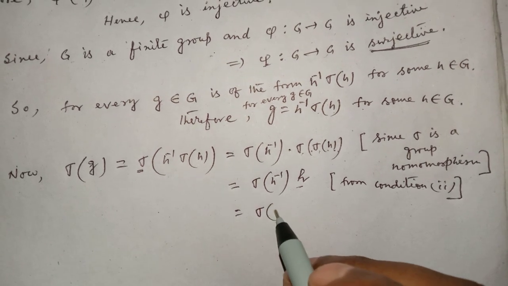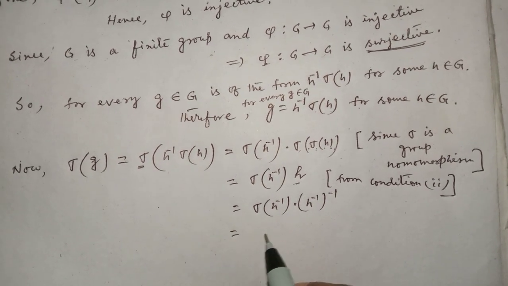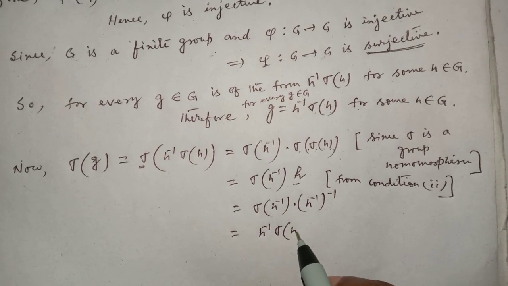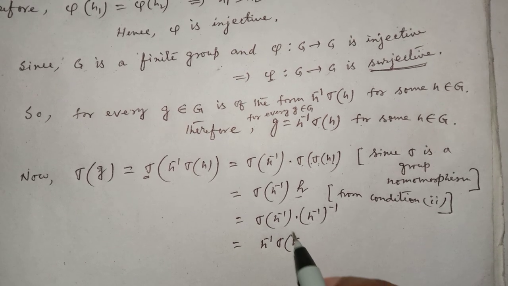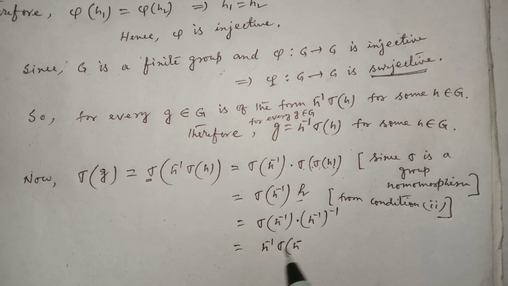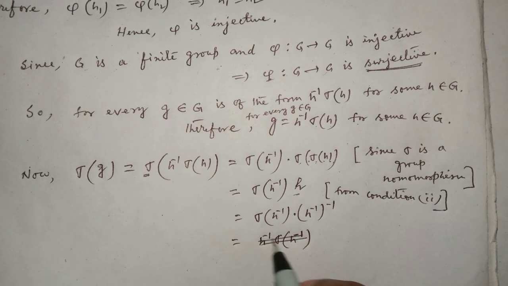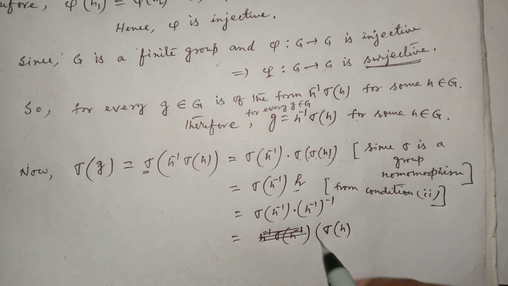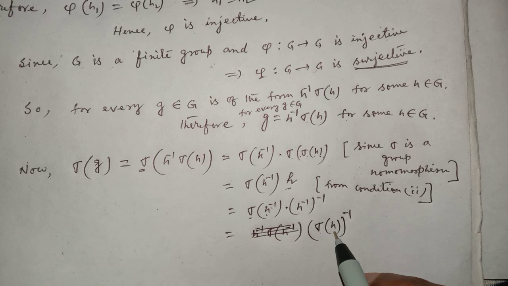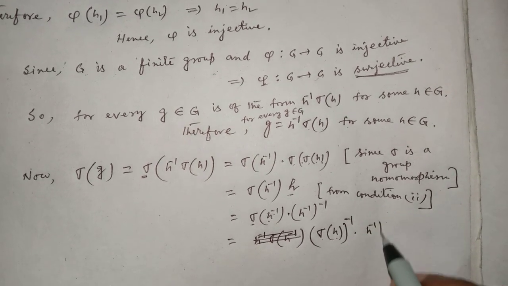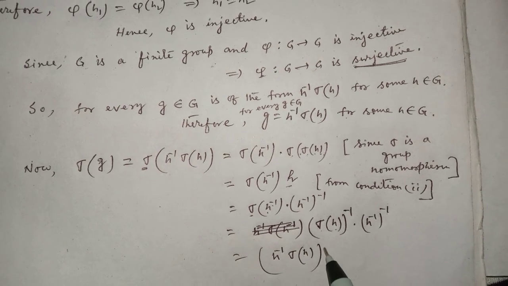This is equal to sigma of h inverse into h inverse, which is equal to h inverse sigma of h whole inverse, because sigma is a group homomorphism, so sigma of h inverse is equal to sigma of h whole inverse.